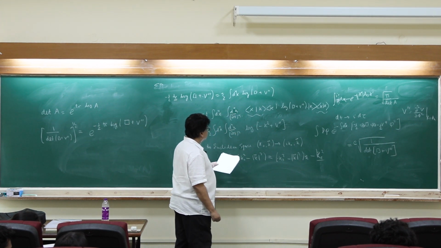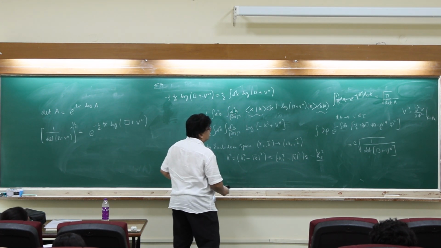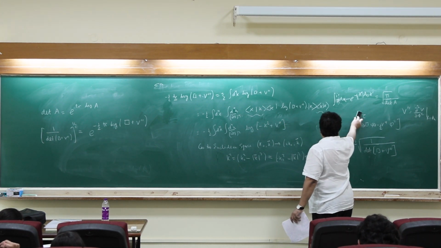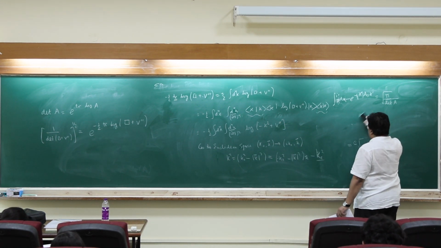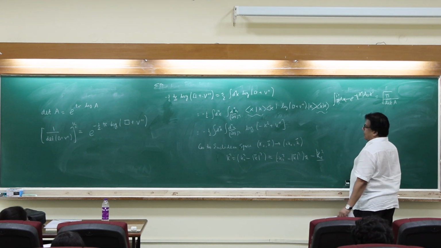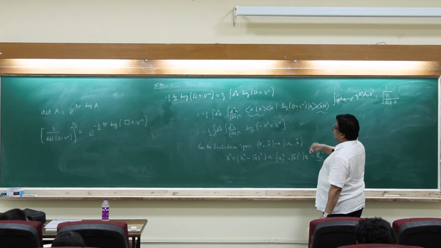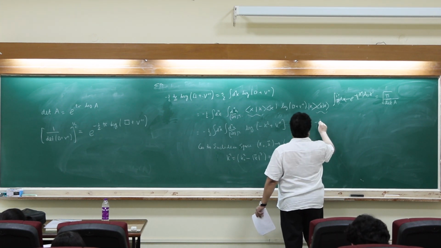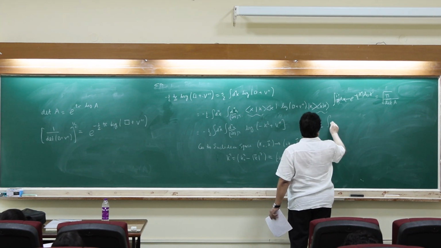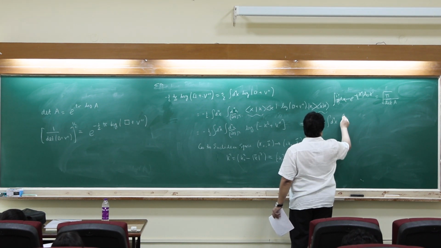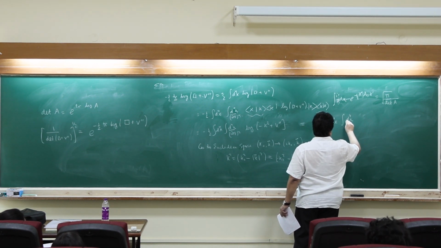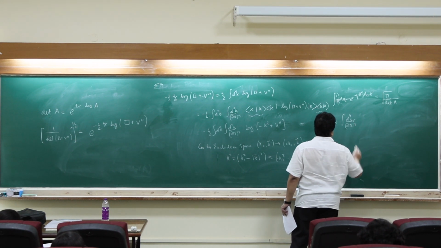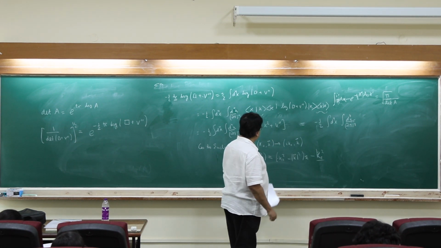Okay. So I will get basically in the Euclidean space this object we are calculating. This will be minus half d4x, and here this is Euclidean k also.